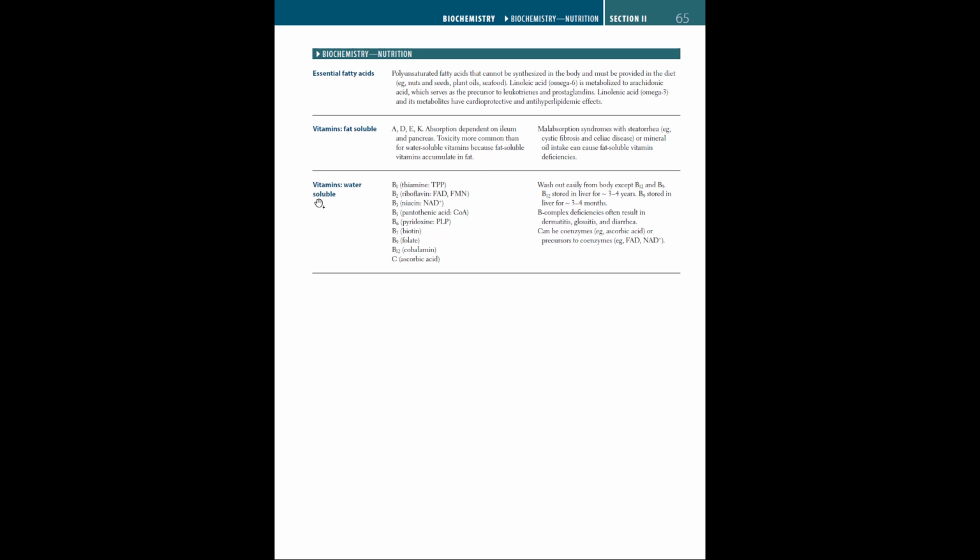Next, we have water-soluble vitamins, which are the vitamin B's and C, vitamin B having a range of different vitamins. Now, almost all of these water-soluble vitamins wash out easily from the body, except for vitamin B12 and B9, because B12 is stored in the liver for up to 3 to 4 years. B9 is stored in the liver for up to 3 to 4 months. Now, B complex deficiencies often result in dermatitis, glossitis, and diarrhea.